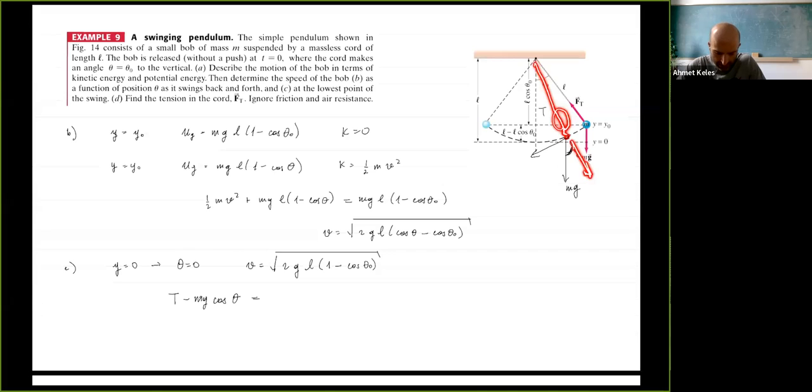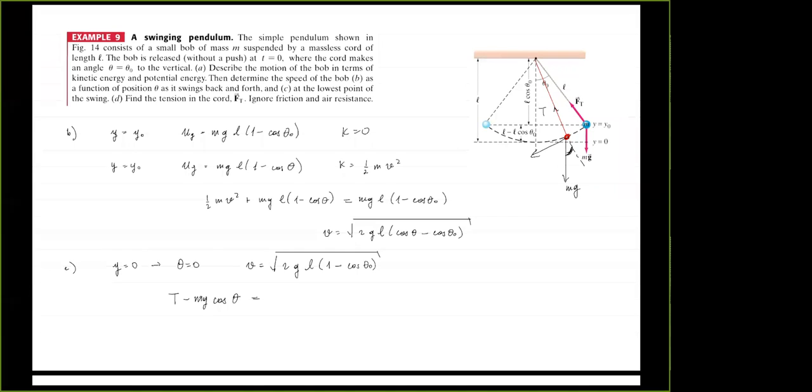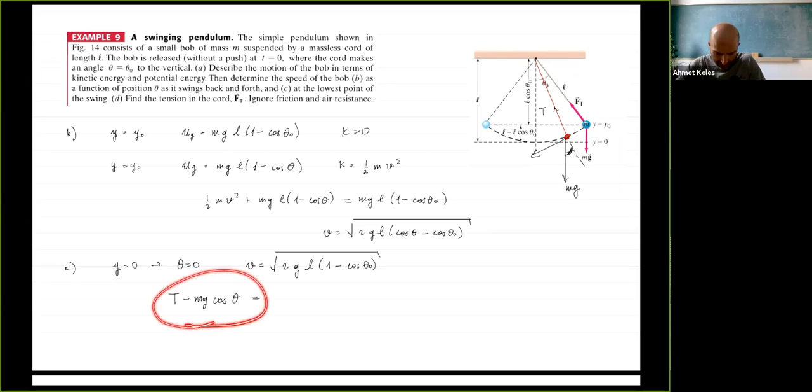And the question is, what is this equal to? Total centripetal force in a circular motion. Anybody? T minus mg cosine theta. Yes, I wrote this, and I need to write that this is equal to something to solve it, right?